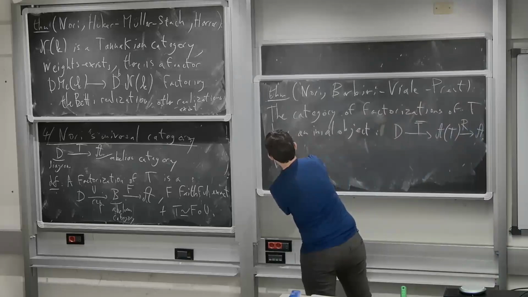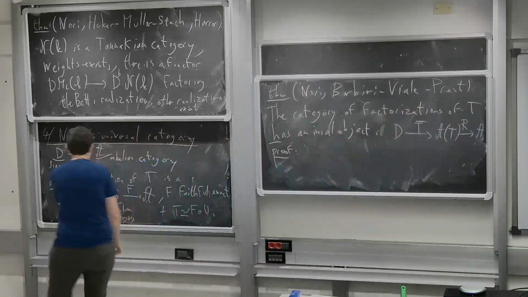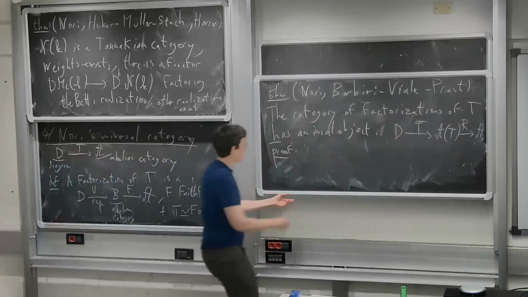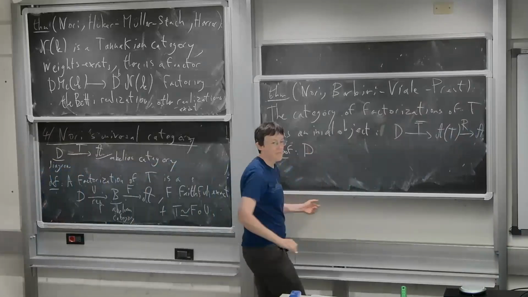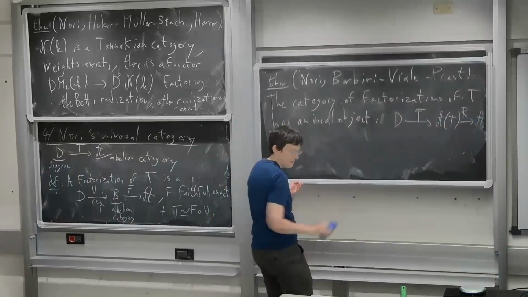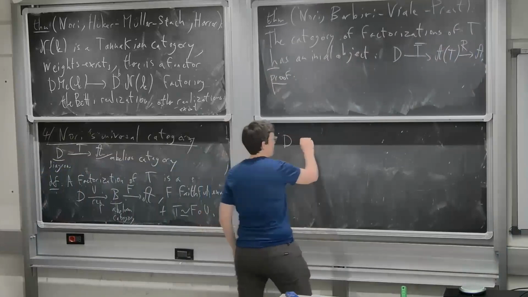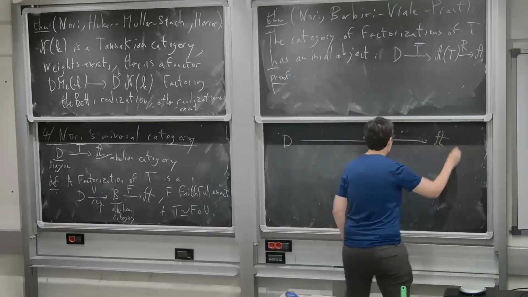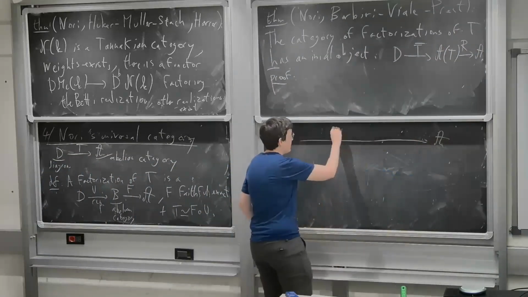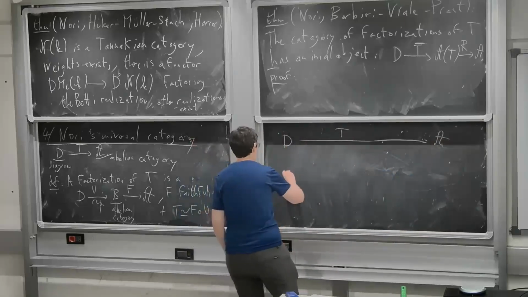The idea of the proof: you have this diagram D, and you have A, and you have T. So the first thing is you make D into a category. How do you do that?